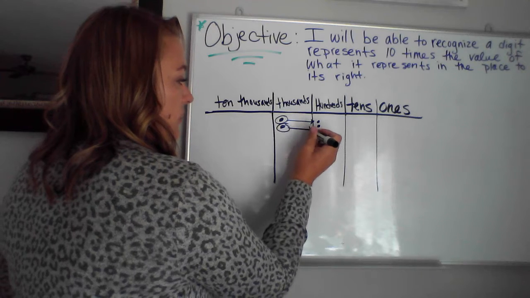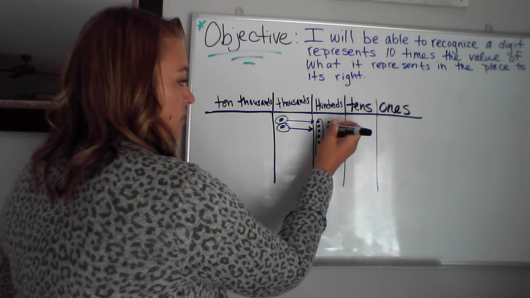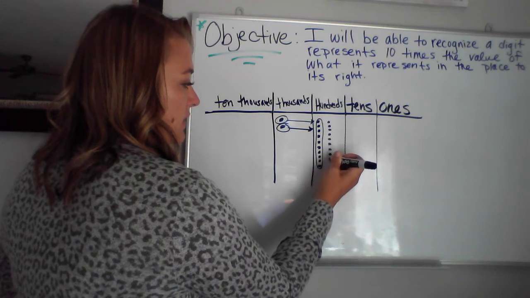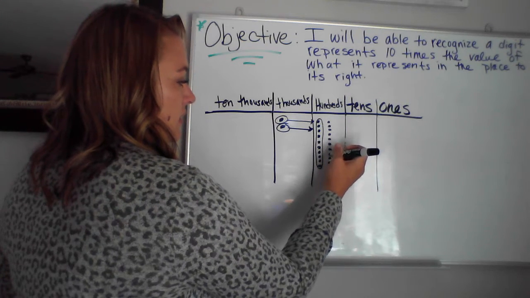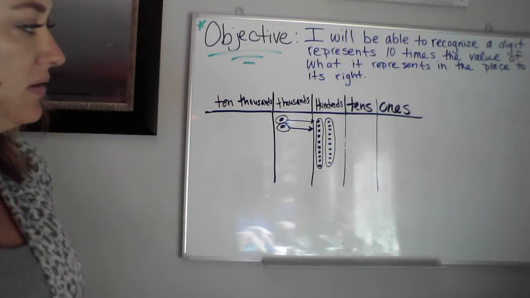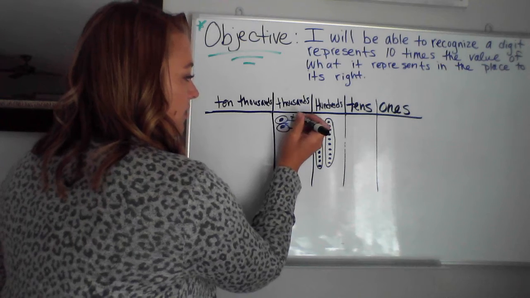Same with this one. If I move that one over, it's also going to give me 10. 1, 2, 3, 4, 5, 6, 7, 8, 9, 10. I missed one on that one. So if I'm moving to the right, what we just did is we divided by 10.